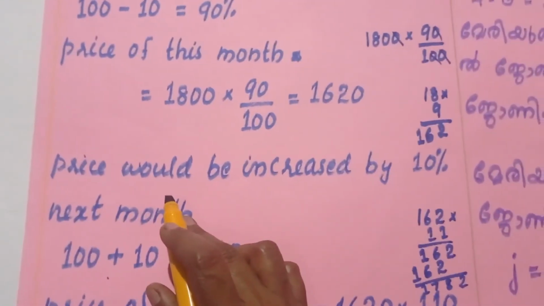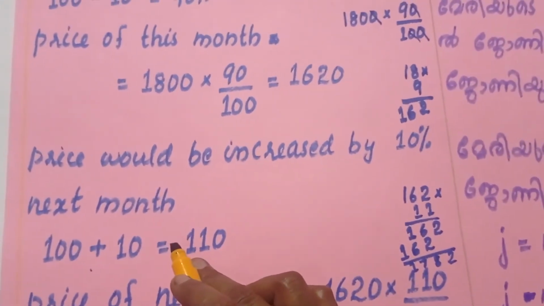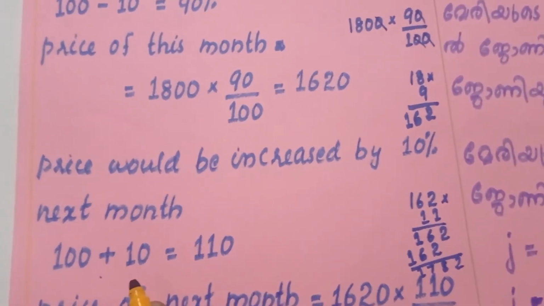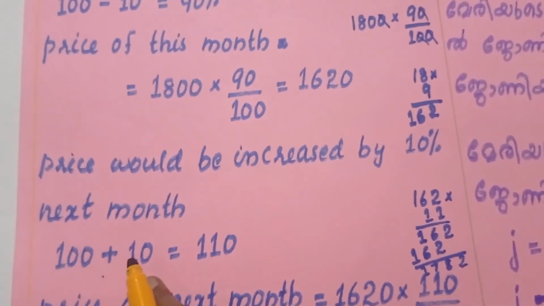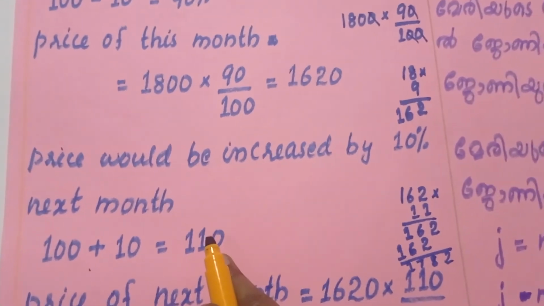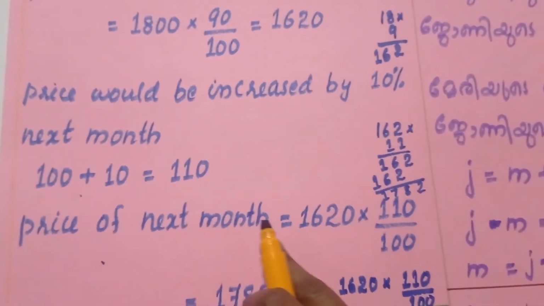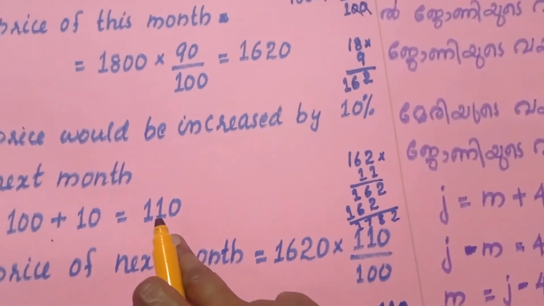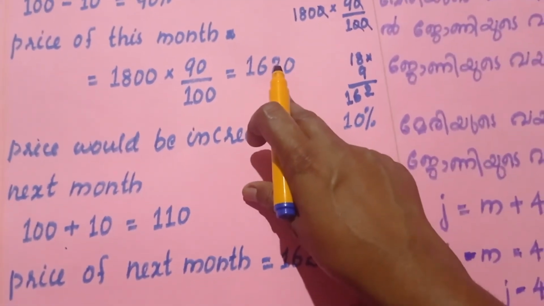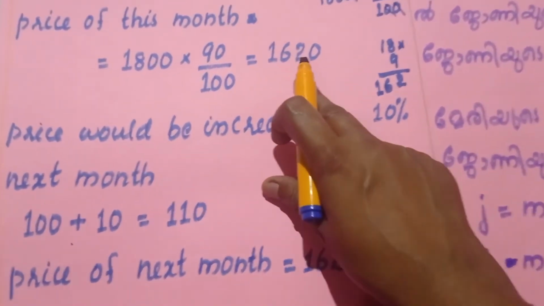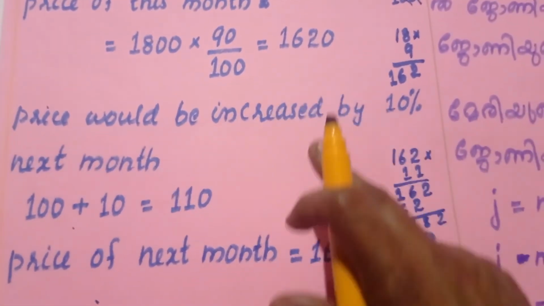Then price would be increased by next month is 10%. That is 100 plus 10, 110% in the next month. Then price of the next month is 110% of the price of this month. Price of this month is 1620.